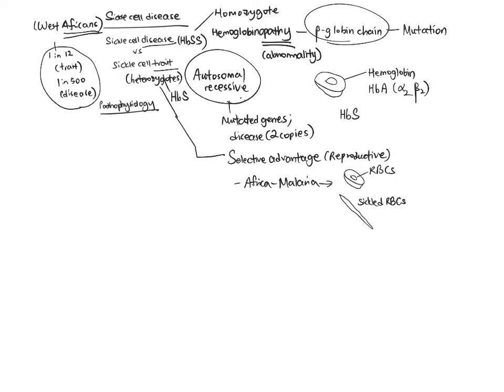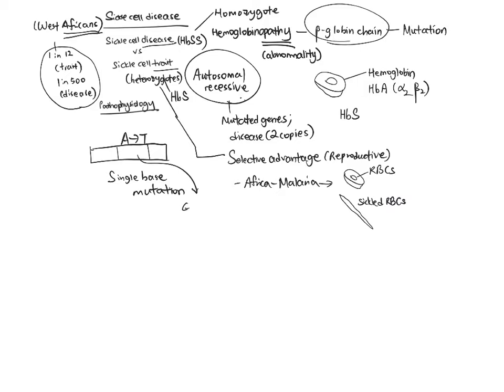So I'll just go on to explain what the pathophysiology is. In this condition, there is a single base mutation in the gene, and that changes one of the bases from A to T, and that essentially replaces one of the codons, and the codon codes for a different amino acid.